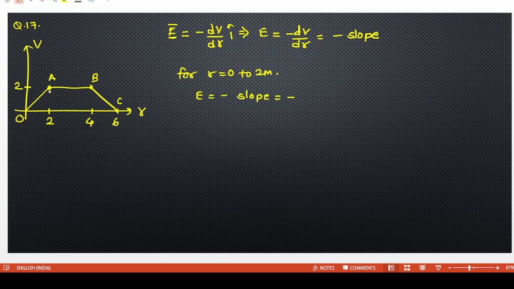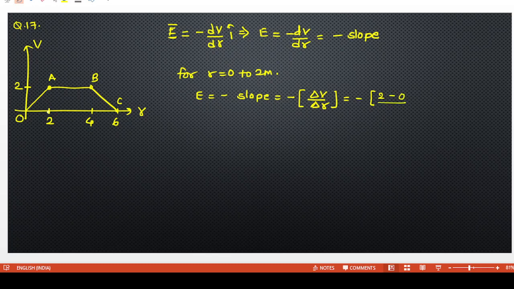Now if it is a straight line, at all the points the slope is going to be the same, so you can directly find the slope as change in y upon change in x. So minus in the bracket, change in y means final y minus initial y. What is final y? 2, minus initial y 0, upon change in x.